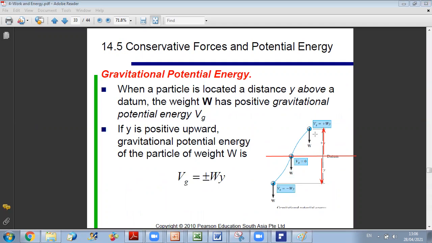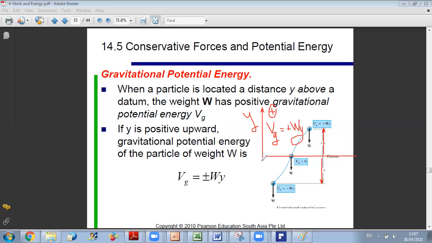Now, in case I am taking the y-axis positive upward, then the expression of the gravitational potential will be Vg equals plus W y. Because in this way, when I am above the datum, the potential is positive, and when I am below the datum, the potential is negative.